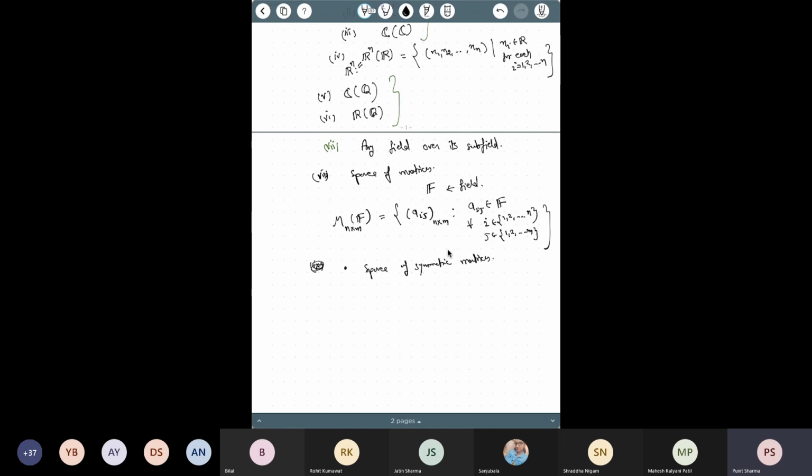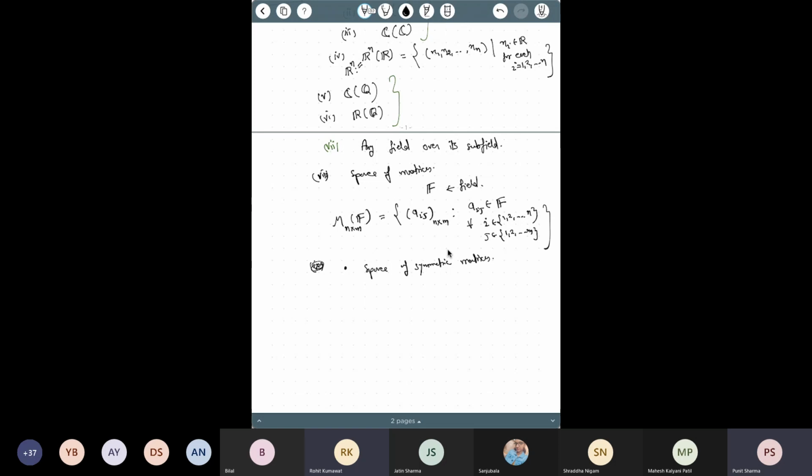Fine. Now skew symmetric matrices over R. That is also Hermitian over complex. Skew Hermitian. So you are saying Hermitian over complex. Is it true? Entries from complex numbers.